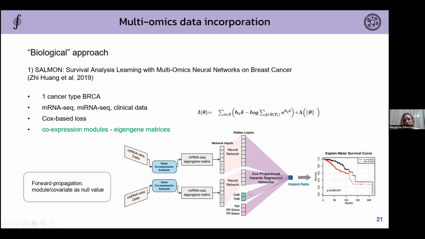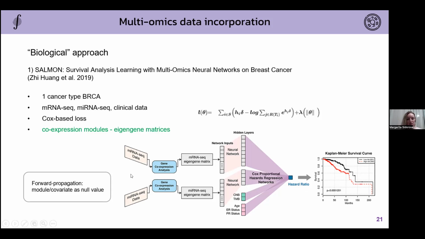And all these things then go to the next layers, calculating this Cox loss and the hazard ratio. So in this article they tried to do the next step: using the hazard ratio to divide patients into two groups, with low risk and with high risk.